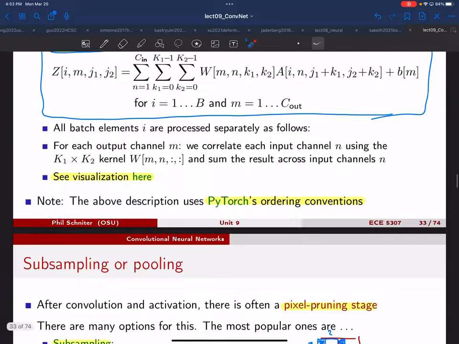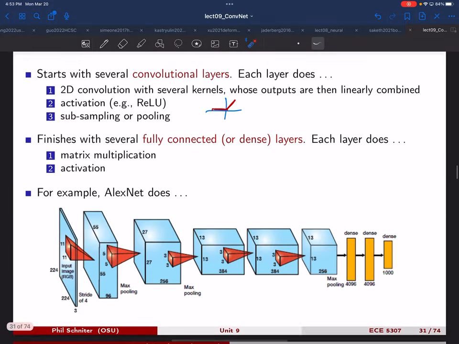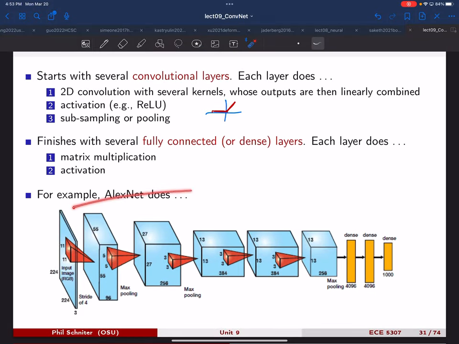Okay, so let's come back to our picture here. Part of the reason we're doing this subsampling is that, intuitively, we start out with this big image, but at the very end, we don't have images at all. We have classes, like these are the 1,000 classes in ImageNet, right? So we somehow have to go from the world of images to the world of no images and classes.